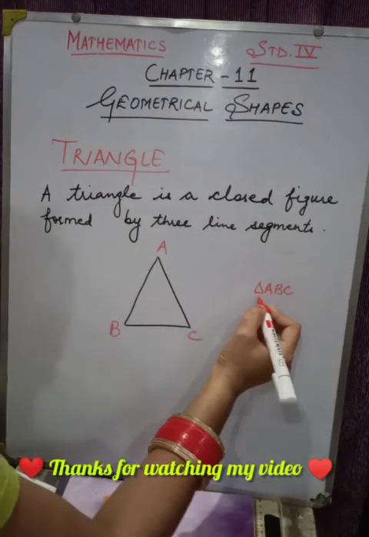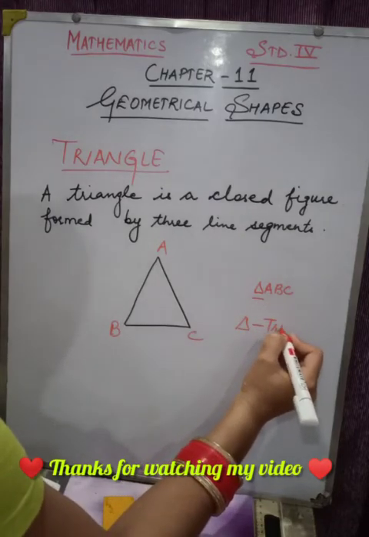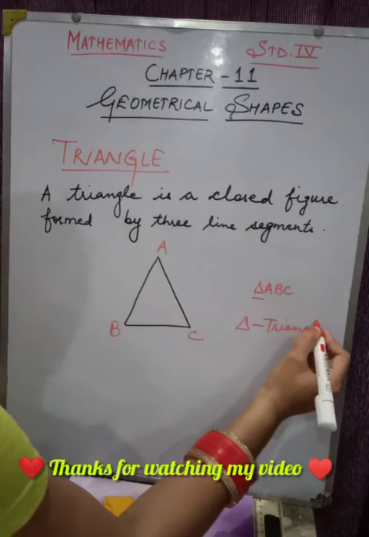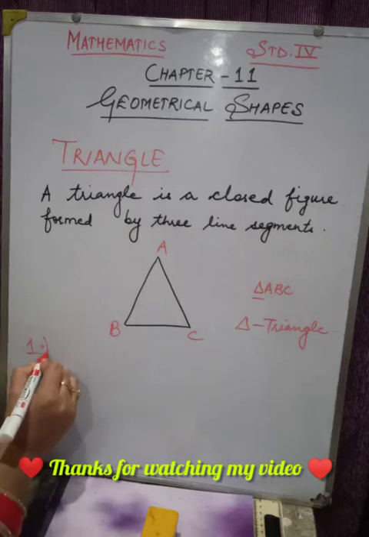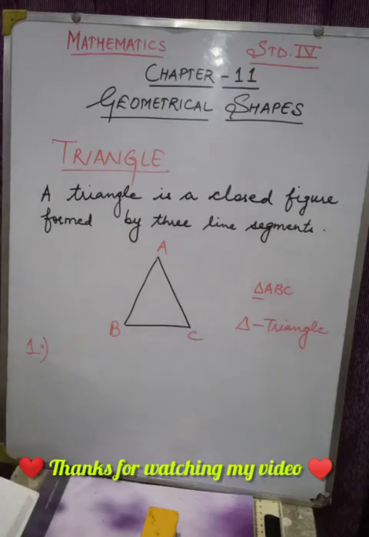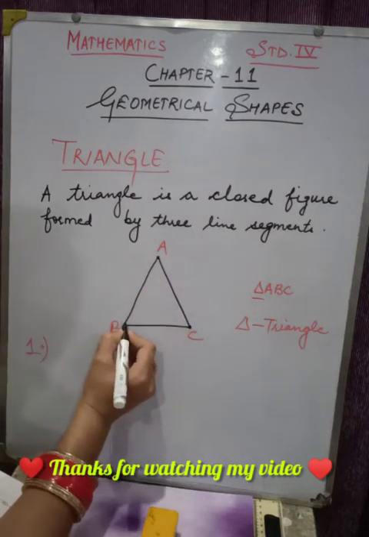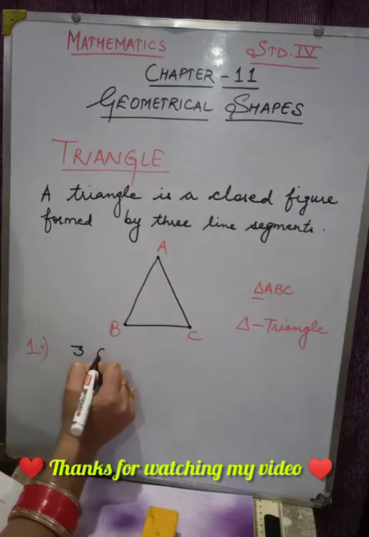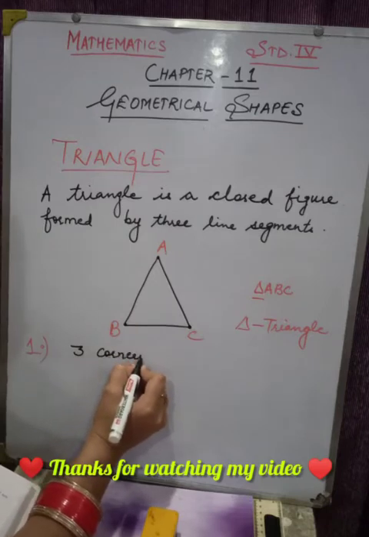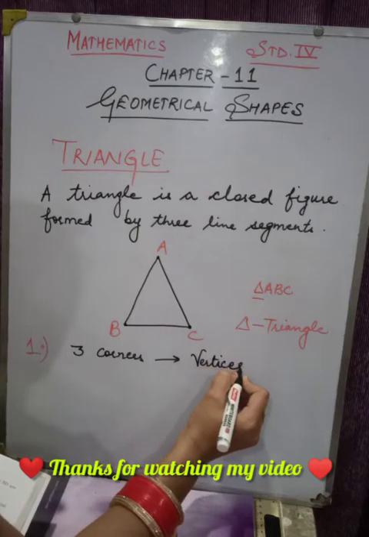This symbol is the symbol of a triangle. The first property is that a triangle has three corners, 1, 2, 3. These three corners are known as vertices. Got it?